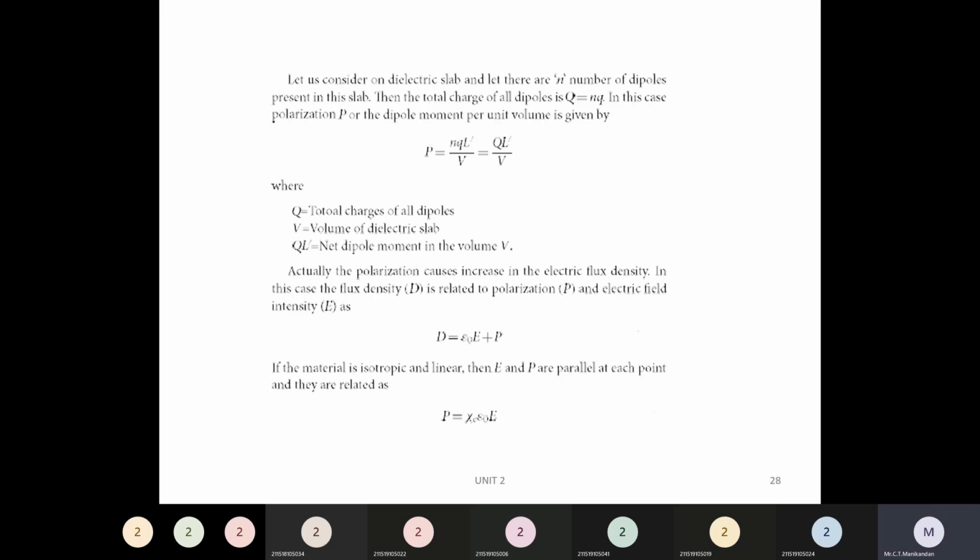So epsilon R equal to 1 plus dielectric susceptibility. If you substitute the polarization P value here, you will get D equal to epsilon naught E plus susceptibility into epsilon naught E. Taking epsilon naught E outside, you will get D equal to epsilon naught E into 1 plus susceptibility.